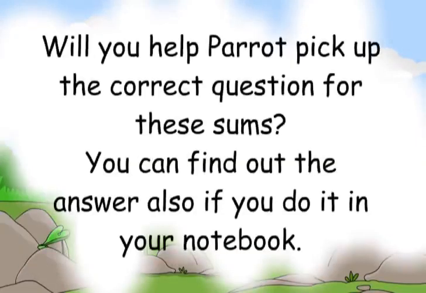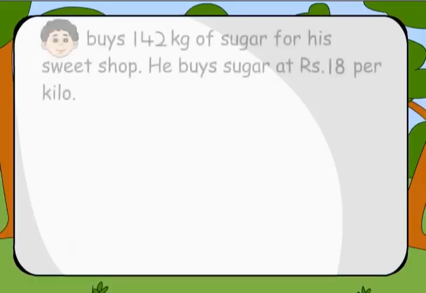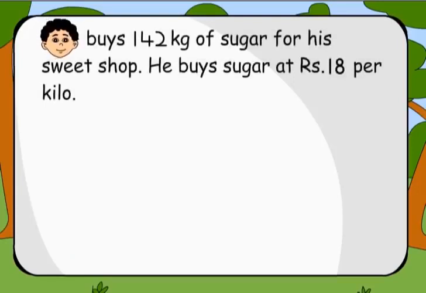Will you help Parrot pick up the correct question for these sums? You can find out the answer also if you do it in your notebook. Salim buys 142 kgs of sugar for his sweet shop.